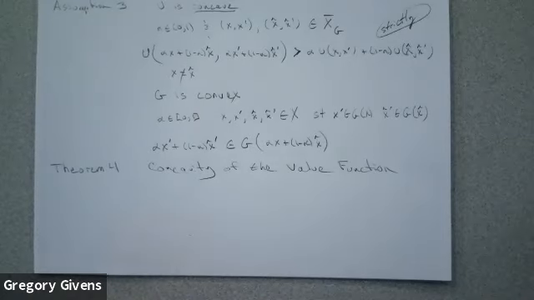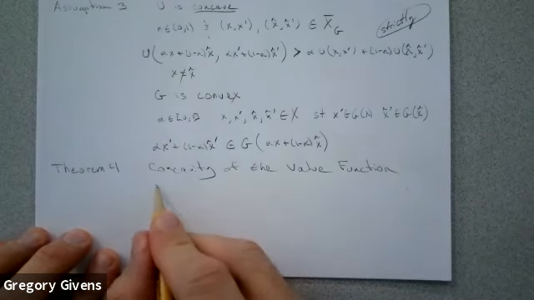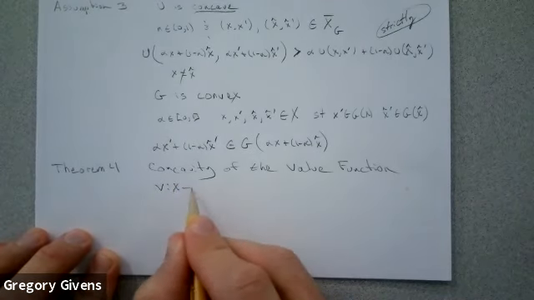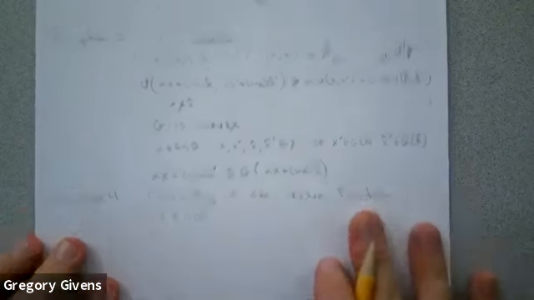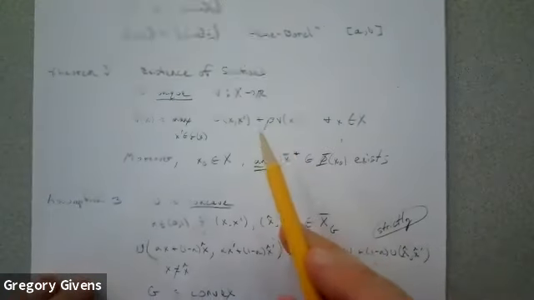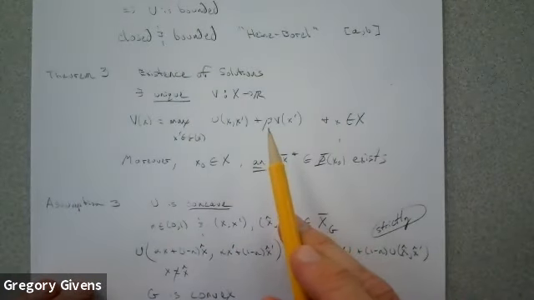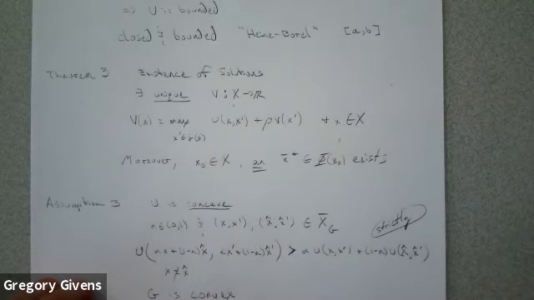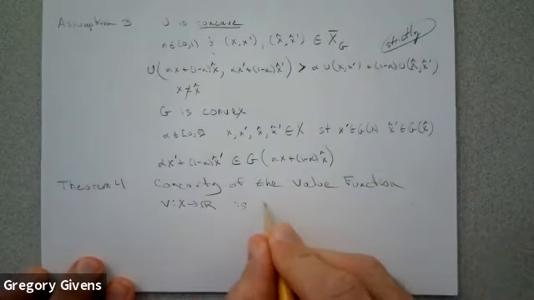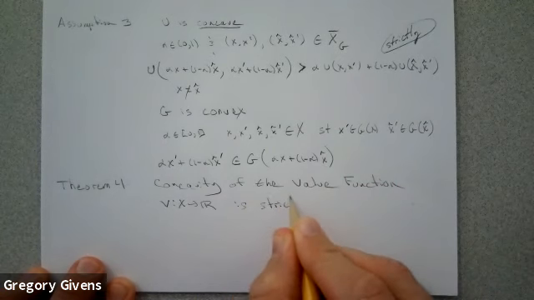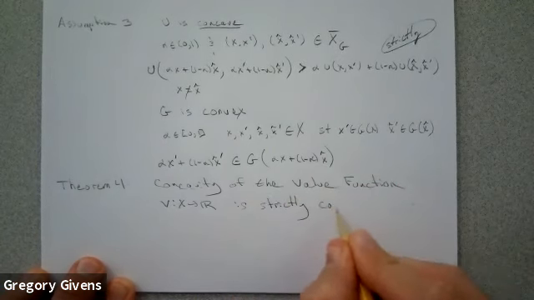Then the unique value function V that is identified in Theorem 3 that satisfies this Bellman equation that I wrote up here, mapping elements of X into the reals, is strictly concave.